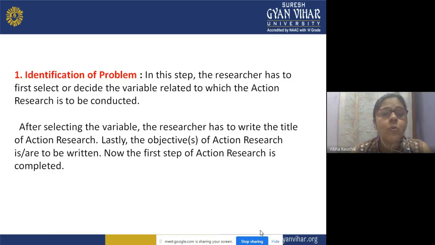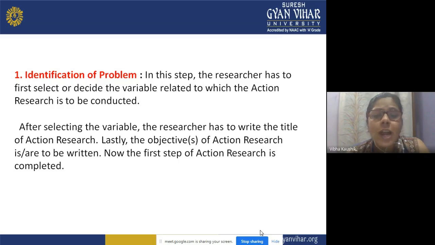In this step, the researcher has to select or decide the variables related to which the action research is to be conducted. The researcher first has to select what the problem is and decide the variables. What are the variables? For example, I am saying that motivation will affect the teaching learning process.